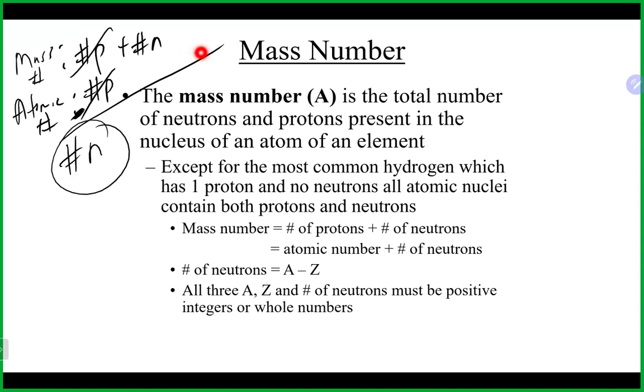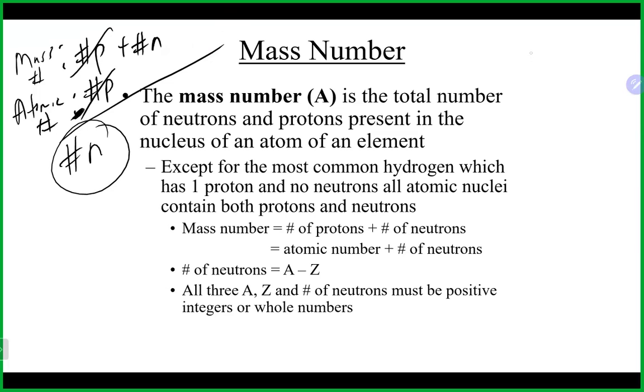So the mass number minus the atomic number is how you figure out how many neutrons an atom has. When you calculate these things, the mass number, atomic number, and the number of protons, electrons, and neutrons, they all have to be positive whole numbers.